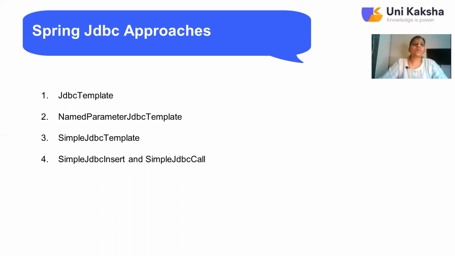Once you have downloaded these jar files, the next thing is to add them to your Java project. It has to be connected or linked with your Java project. So you can click on add external jars, and from there you can select all the required Spring jar files and include them in your project.